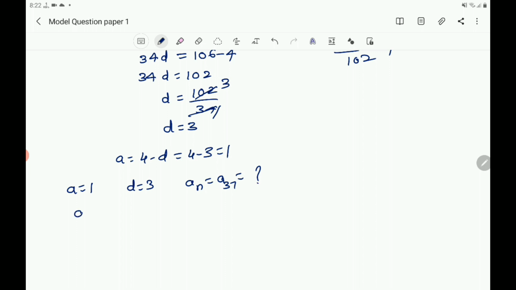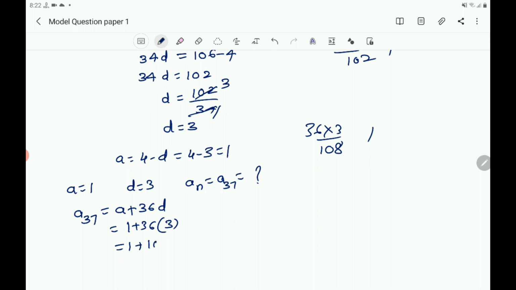Then you write the formula for AN, or A37 directly you can write. A37 equals what? A plus 36D, that is A is 1, 1 plus 36 into D is 3. Then 1 plus 36 3s. 36 3s, 6 3s 18, 3 3s 9 plus 1, 10.